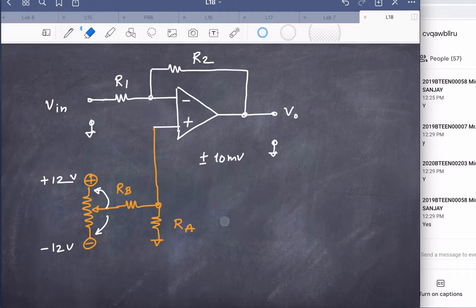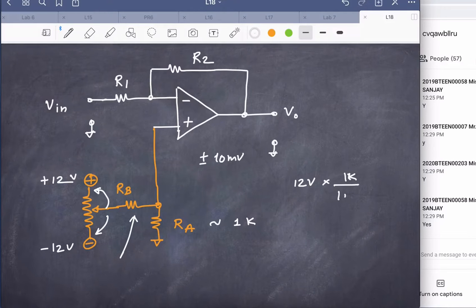So you can start with assuming value of Ra to be near about 1K. You can find it out based on the values what we want, that is 12 volt into 1K divided by say 1 meg ohm.